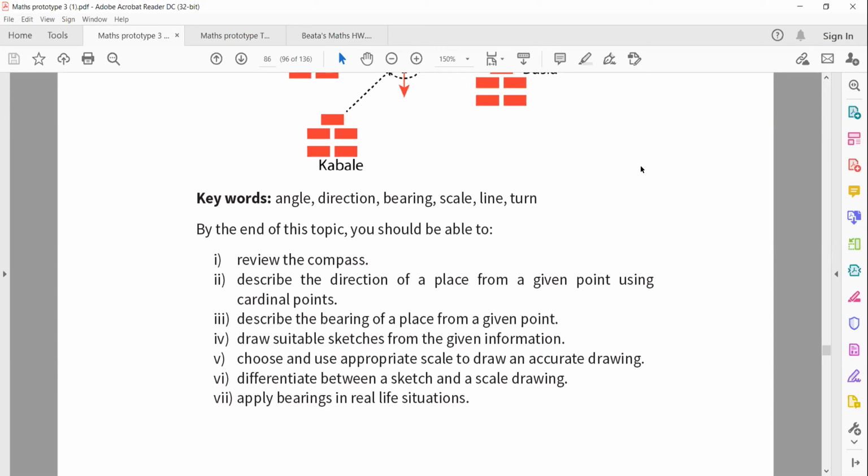Just know that everything in mathematics has got an application. So just like we have applications of other topics, even this bearing has applications in real life situations.